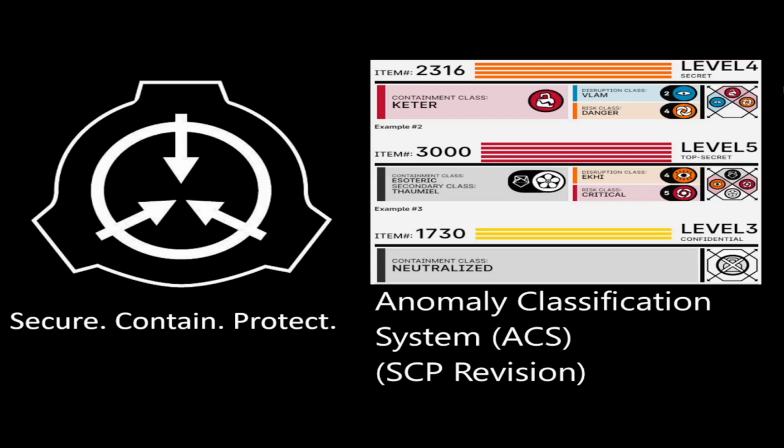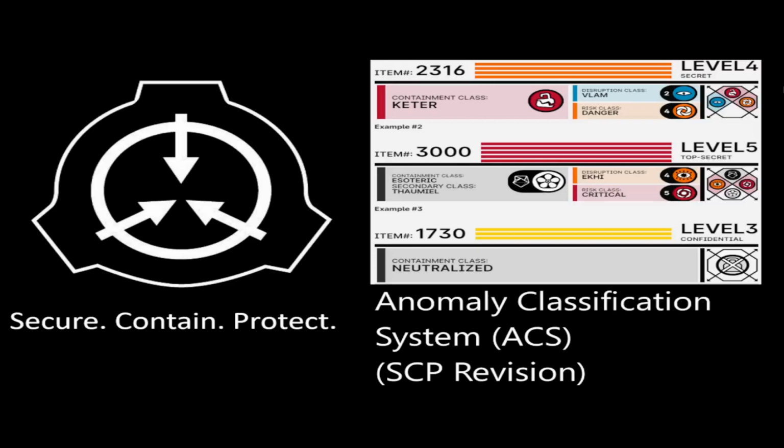As such, we determined a more comprehensive format was required. As such, we'd like to present for your consideration the result of our efforts, the Anomaly Classification System, or ACS.